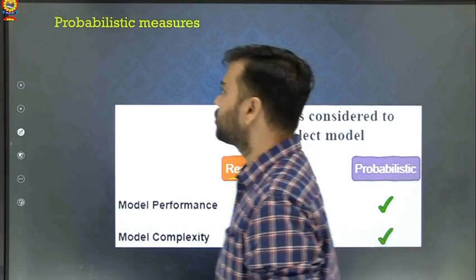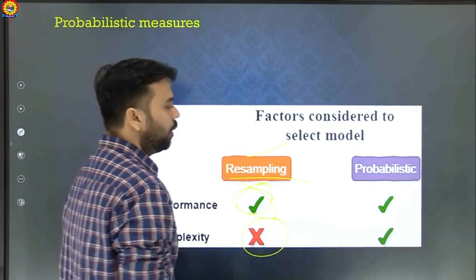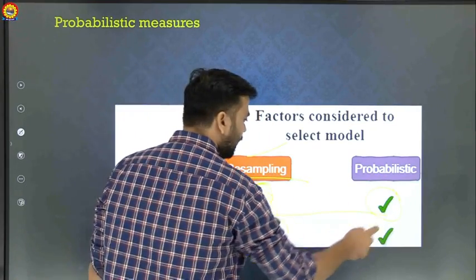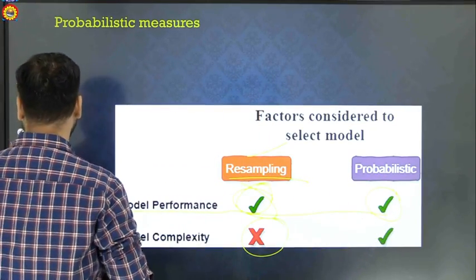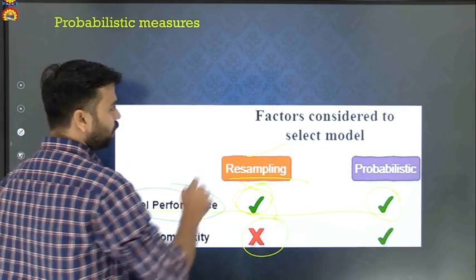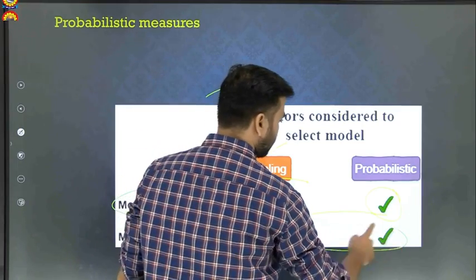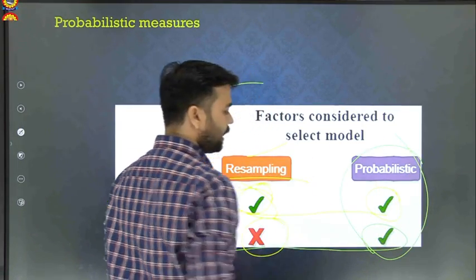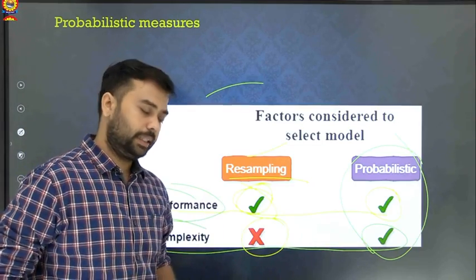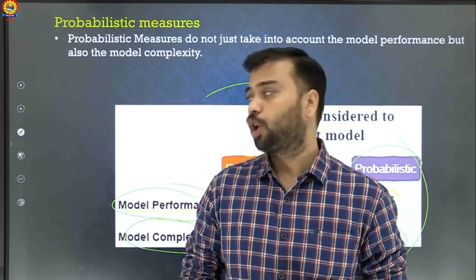But in the case of probabilistic measures, we consider the performance of the model as well as the model complexity. Resampling only checks the performance of the model, but it does not consider the complexity of the model.